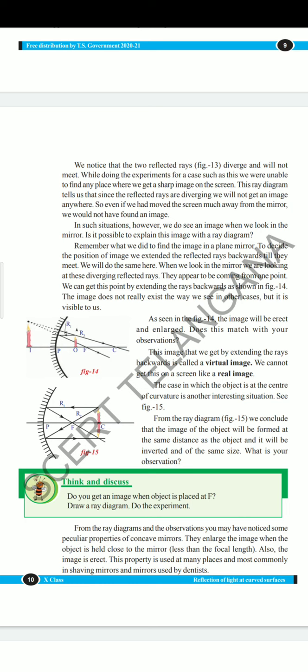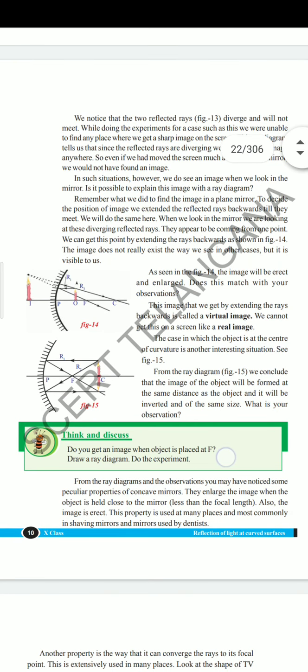So, even if we had moved the screen much away from the mirror, we would not have found an image. In such situations, however, we do see an image when we look in the mirror. Is it possible to explain this image with a ray diagram?